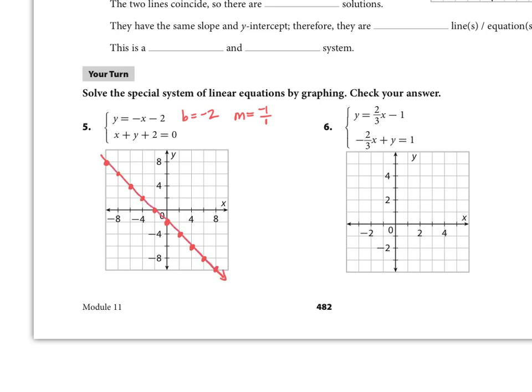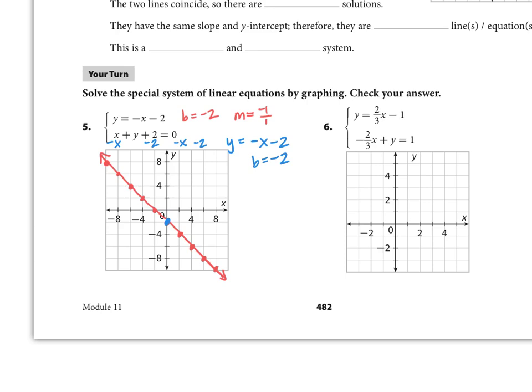The second equation, I'm going to subtract the x on both sides, and I'm also going to subtract the 2 on both sides. And so I end up with y equals -x minus 2. So I see that I get -2 as my y-intercept.